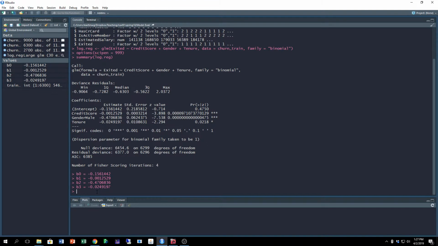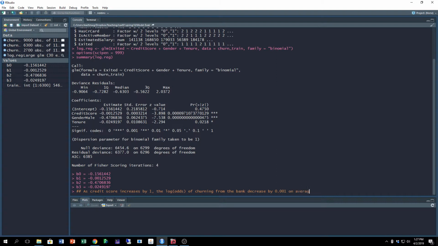So again, let me explain the interpretation piece. So we would say as credit score increases by 1, the log odds of churning from the bank decrease by 0.001 on average.